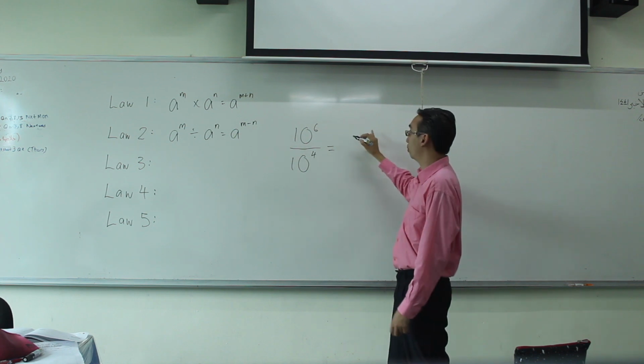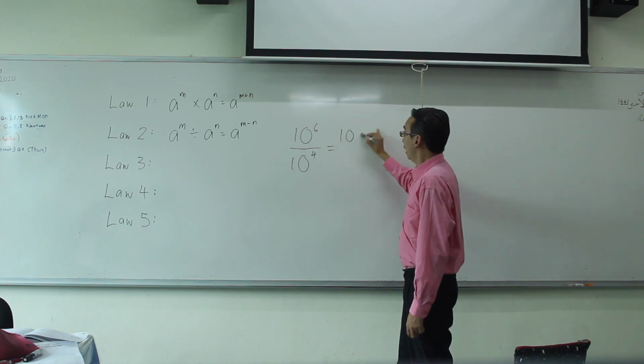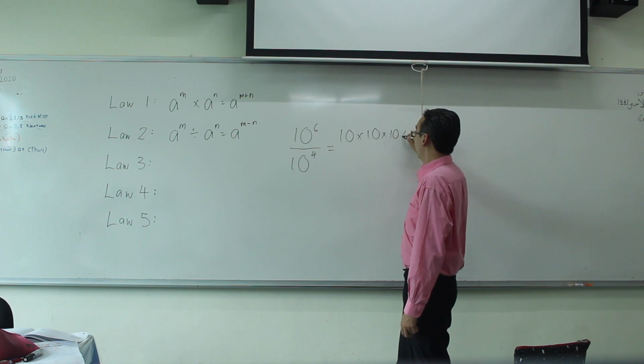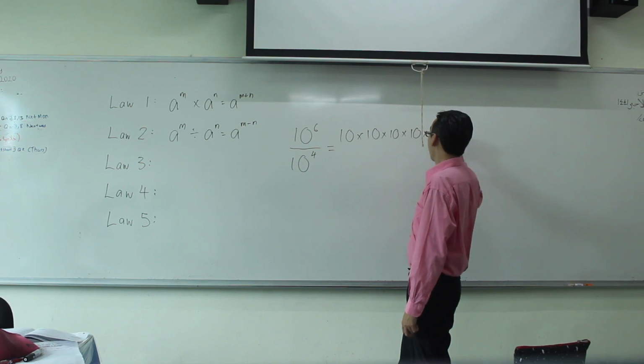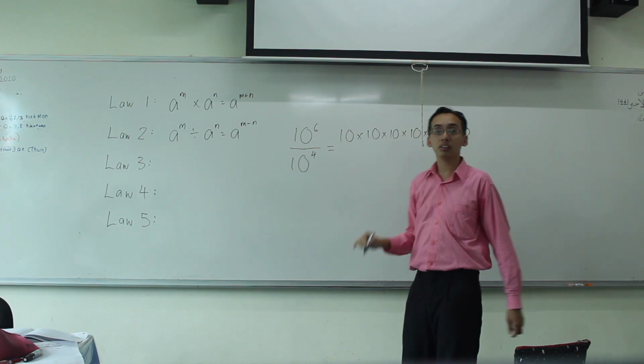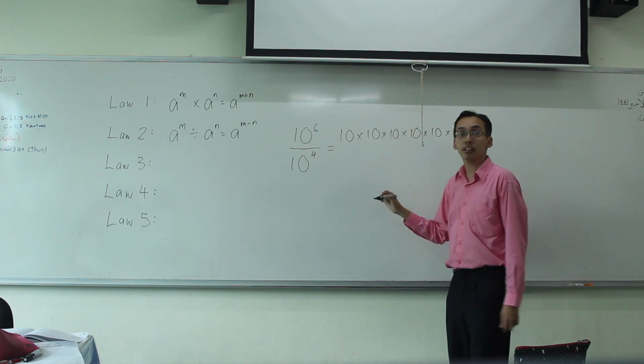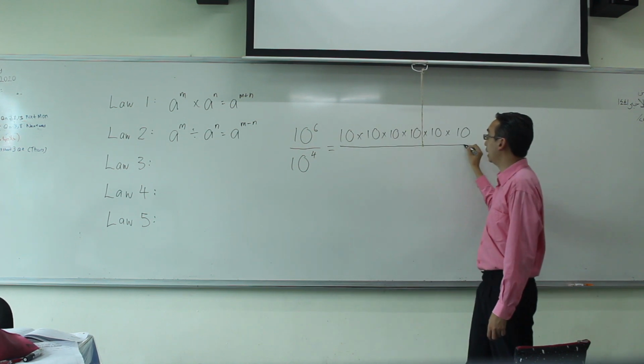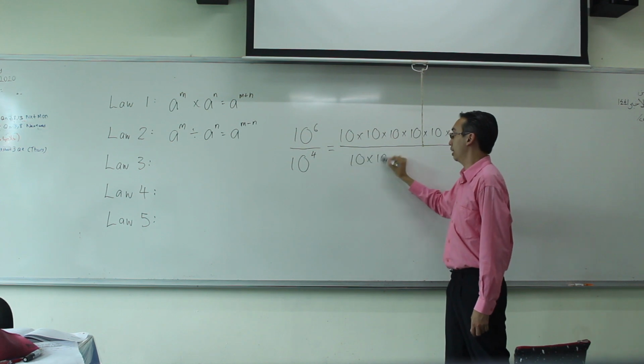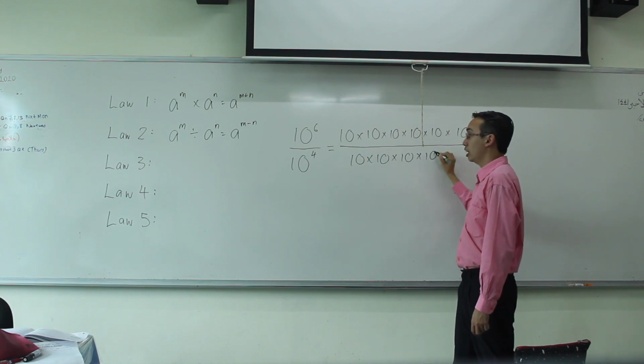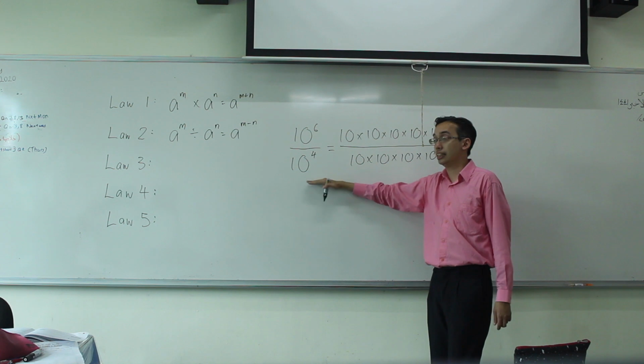For 10 to the power of 6, we write 10 times 10 times 10, 6 times, and divide it by 10 times 10 times 10 times 10, 4 times, in the denominator.